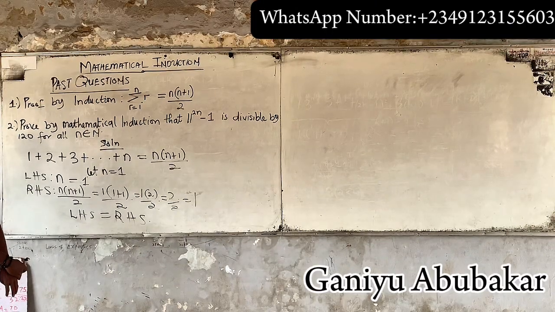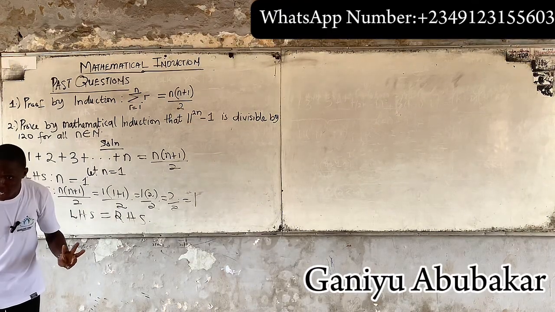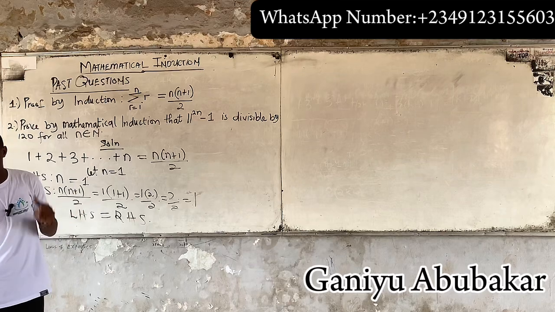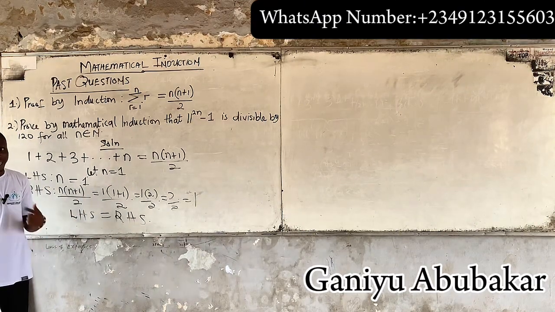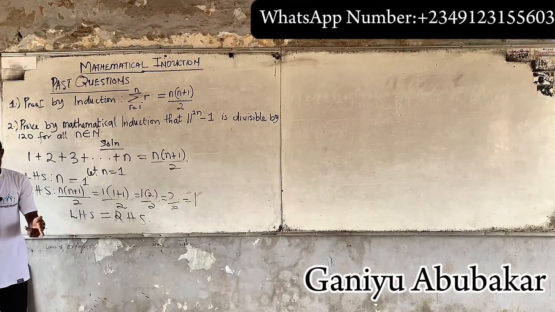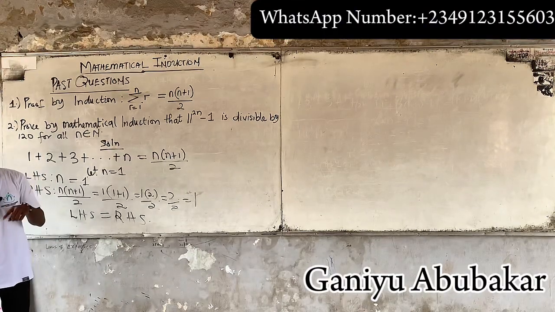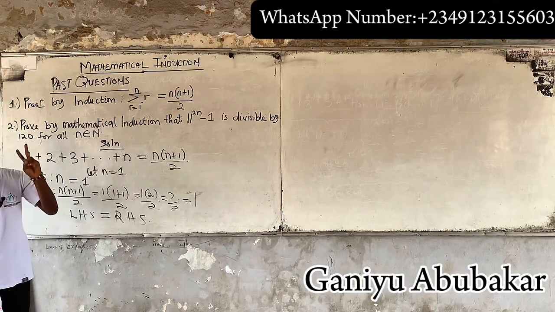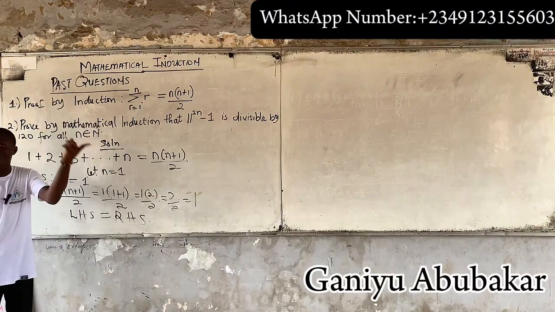We said when it comes to solving any problem under induction, you have 3 rules. What's rule 1? Basic step. That's n is equal to 1. I gave them in class before you came. The first rule is n to be equal to 1. That's your basic rule. What's rule 2? Let n be k. That's the induction rule.